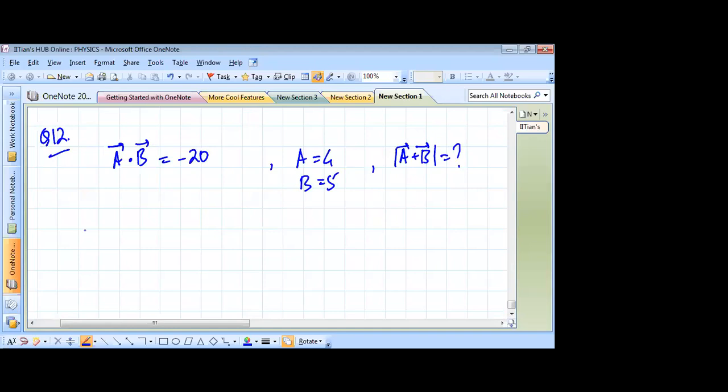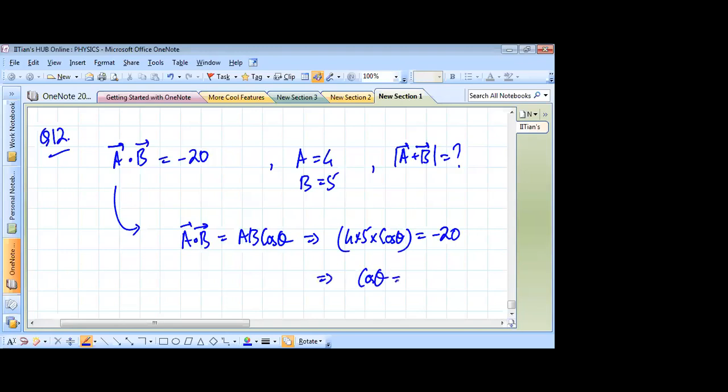Okay. Very good. So what we have to do here is we have to use this definition that A dot B is AB cos theta. Okay. So that means 4 into 5 into cos theta is equal to how much? It is minus 20. So that means cos theta is minus 1 or theta is 180 degrees or pi radians.